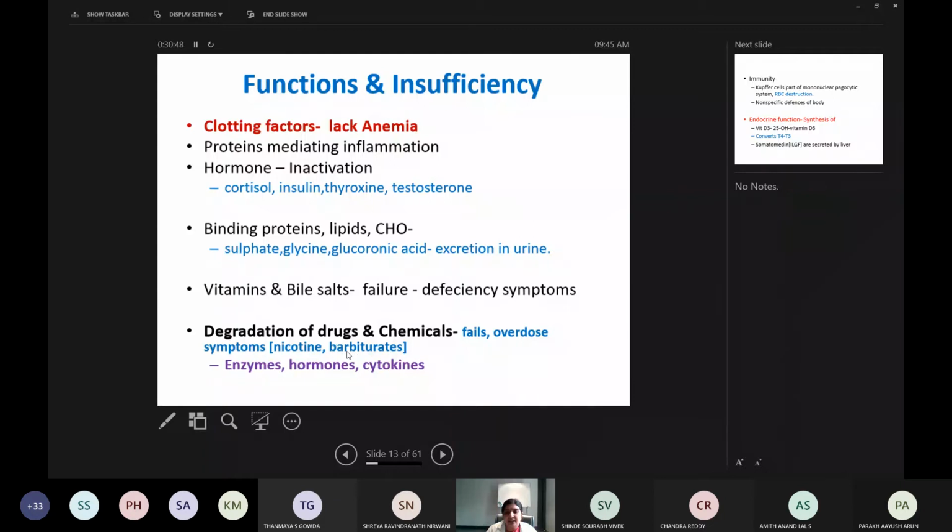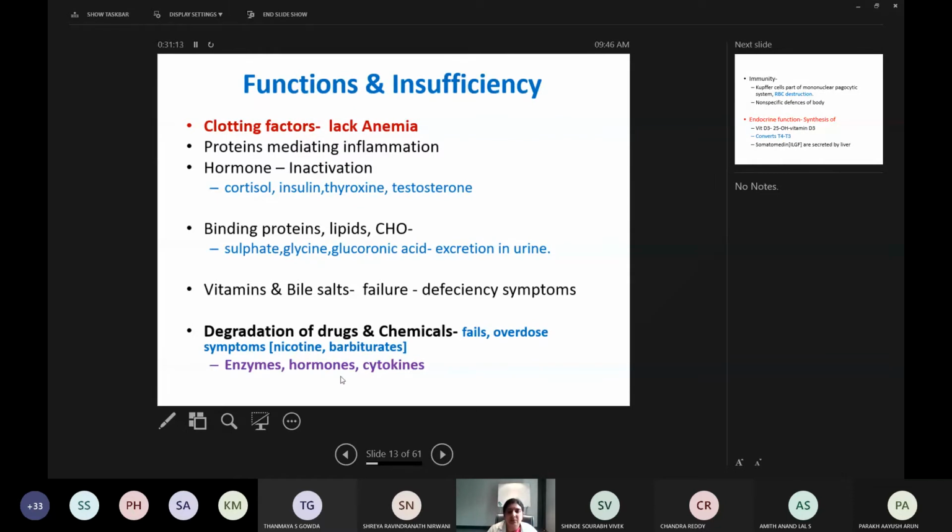These barbiturates are mainly used in anesthetic agents. So if the liver of that person is not working properly, then there will be overdose. Overdosing symptoms will appear in these people. So whenever anesthesia is given, at that time also we should be careful to know whether the liver function tests are normal or not before doing the operation.